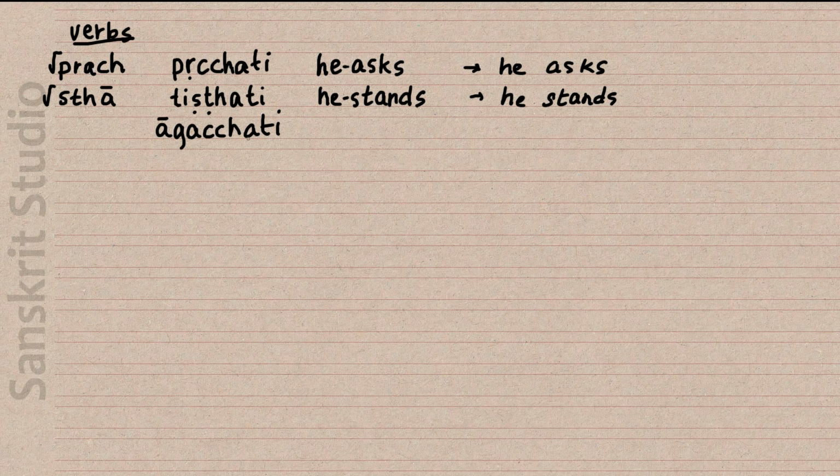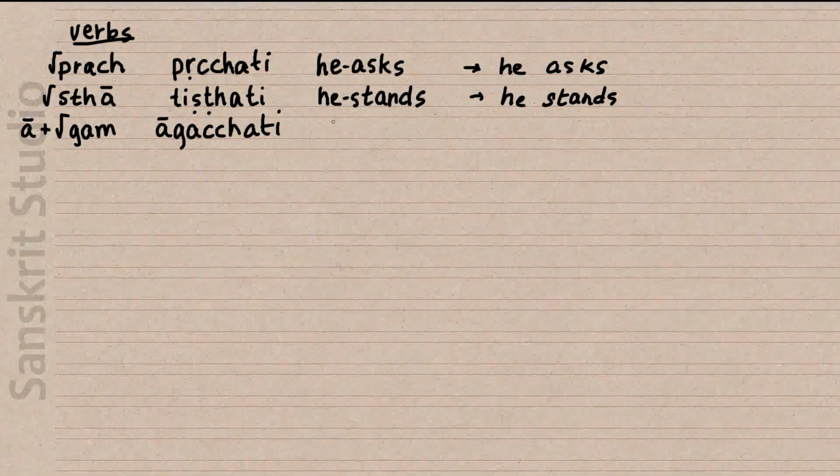And the good thing about this verb here is all the endings and all the morphology, so to speak, of the verb is the same as gacchati. So āgacchati has the same endings as gacchati. And the root here is simply ā plus the root for gacchati, which is gam. So it's very simple in that sense.